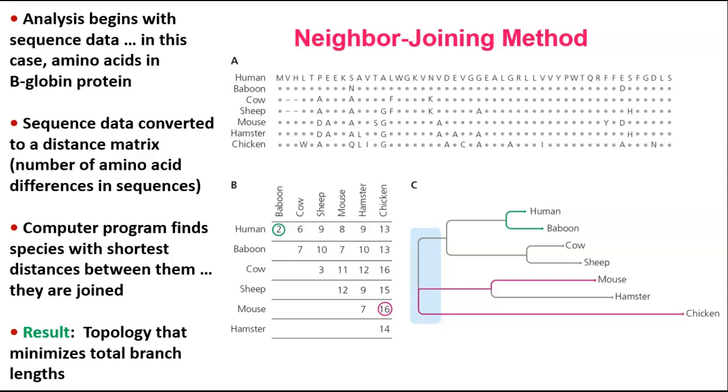Likewise, the other relationships that you see in the tree are all based on overall similarities and differences in the sequence data. So the overall result is the topology. Again, there's that word topology, the arrangement of the branches that minimizes the total branch lengths. And that's what we end up with. That's the neighbor joining method.